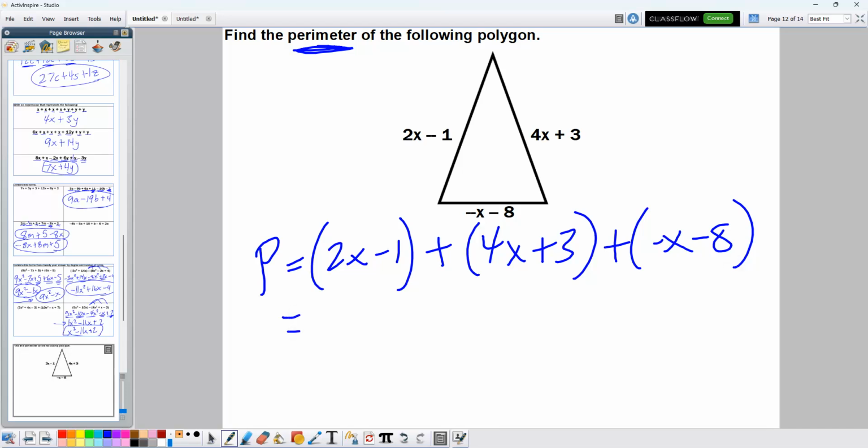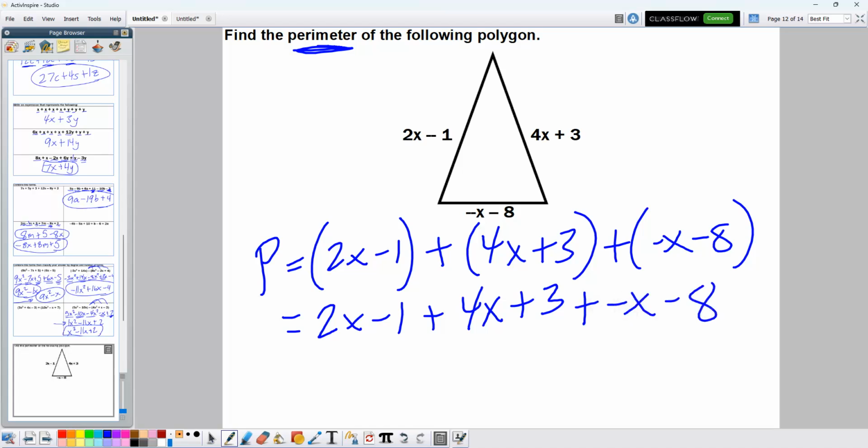Now I've got a plus sign and a bunch of parentheses there. I know that I can drop those parentheses if I have the plus sign. So plus 4x plus 3 plus negative x minus 8. Some people get upset about that double sign right there, that plus negative x. I don't worry too much about that.